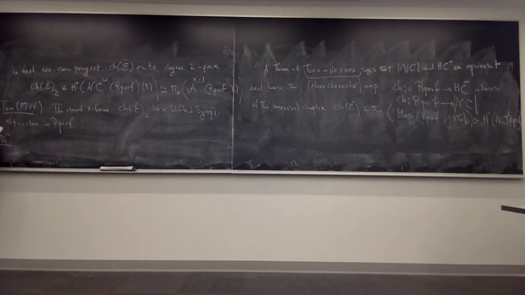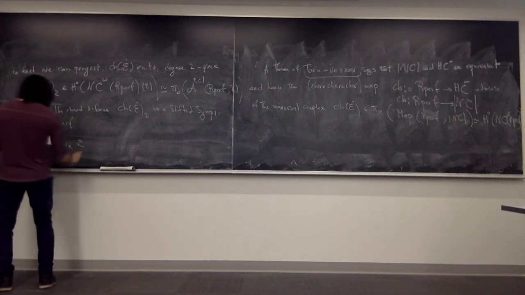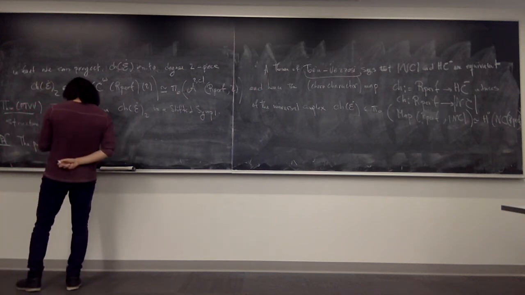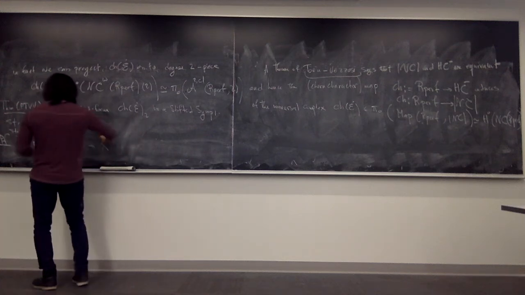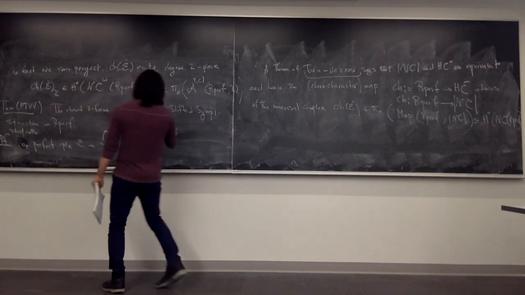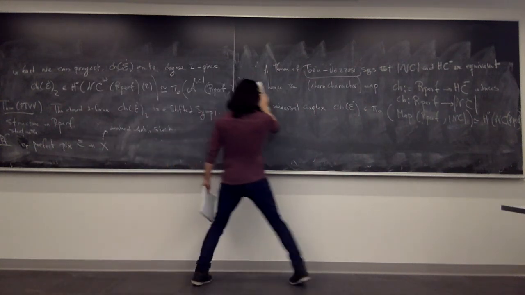So you start with a perfect complex E on X. Let's say this is a derived Artin stack. Later X for us will be the R perf.